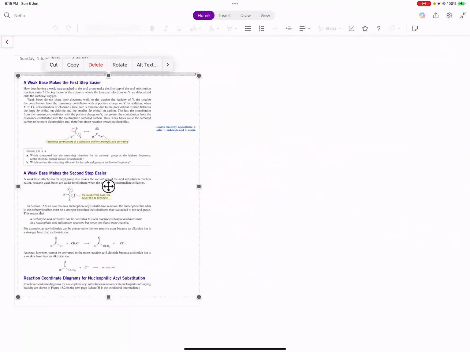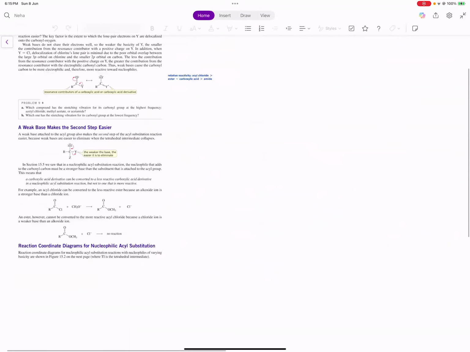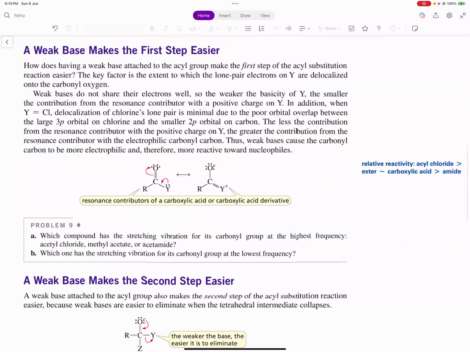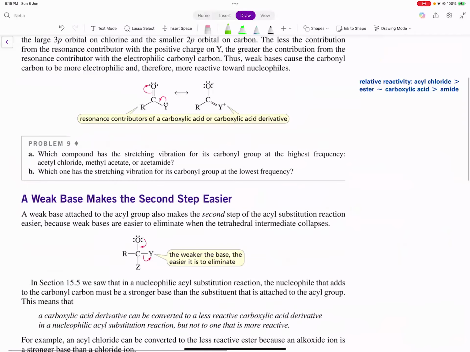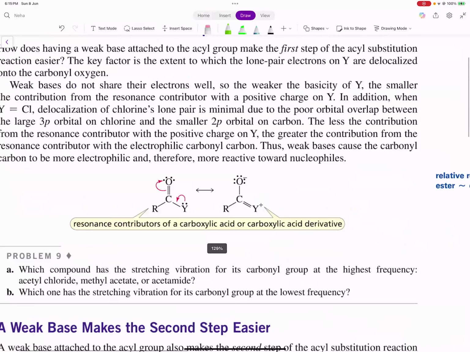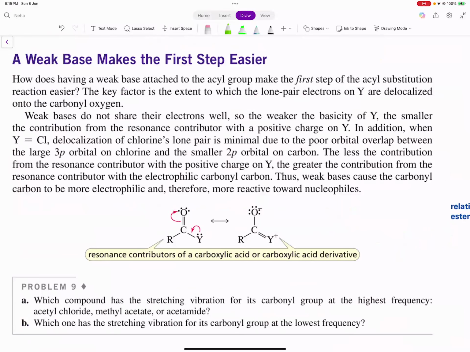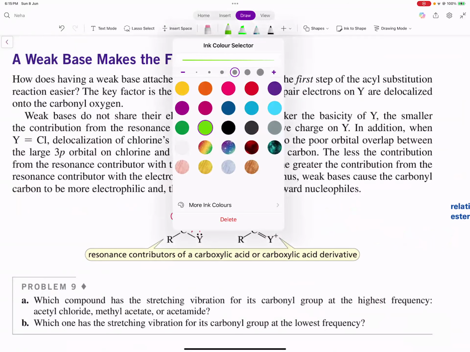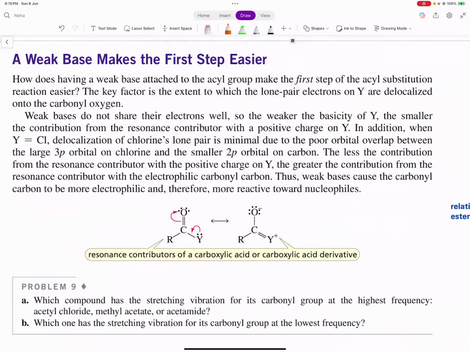Now, a weak base makes the first step easier. Why? Because it is a weak base, it does not want to share its electron well. That is why they are weak bases, right? Weak bases do not share their electrons well.